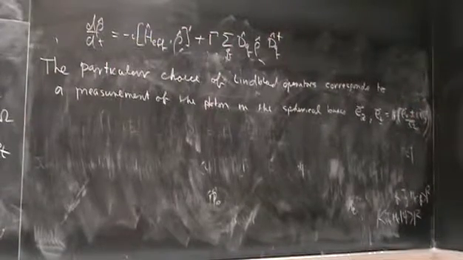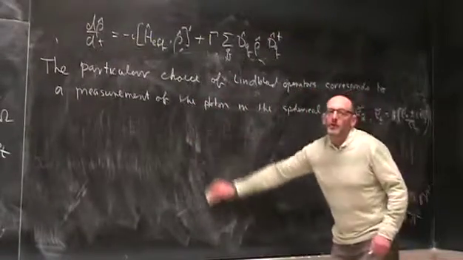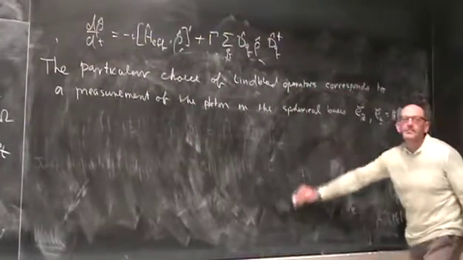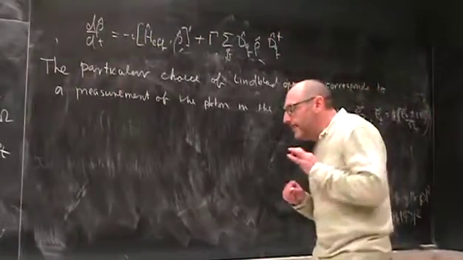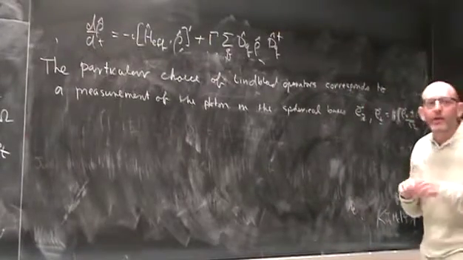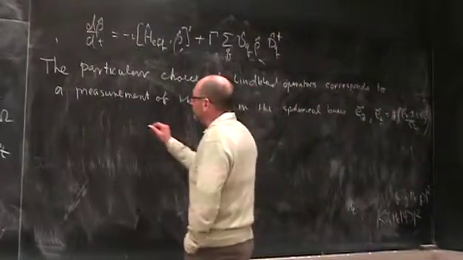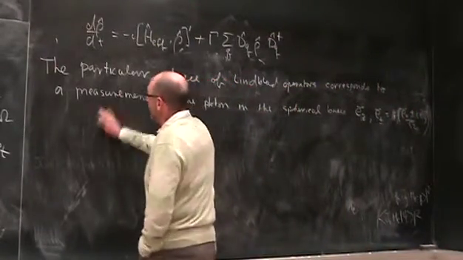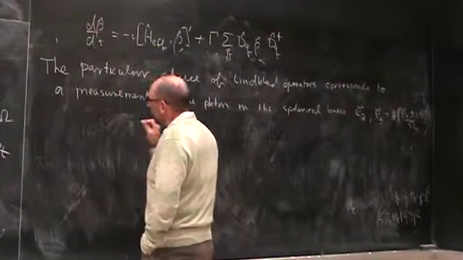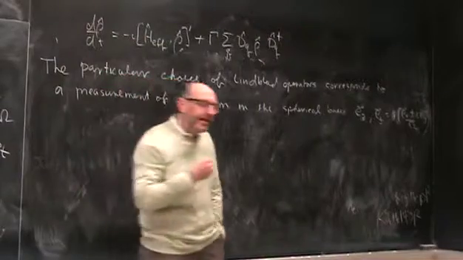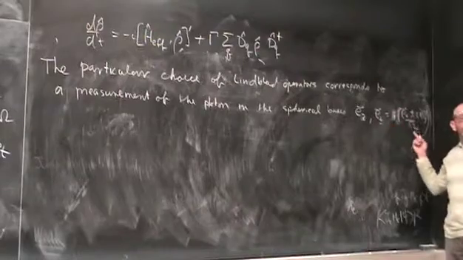Okay, and Jacob, as you brought up, what this really means, and let's think about this just a little bit, what does it mean to measure a photon in this basis? Recall that what we're doing here is thinking about the photon that is emitted when the dipole oscillates in one of these three ways.